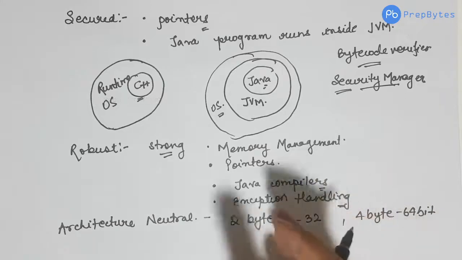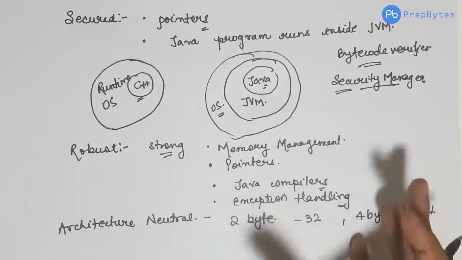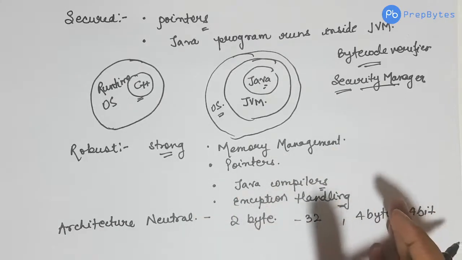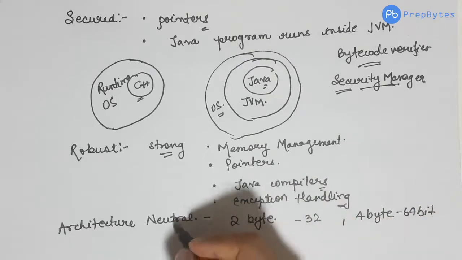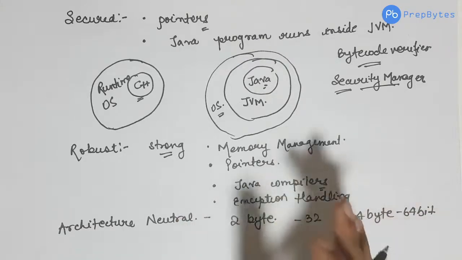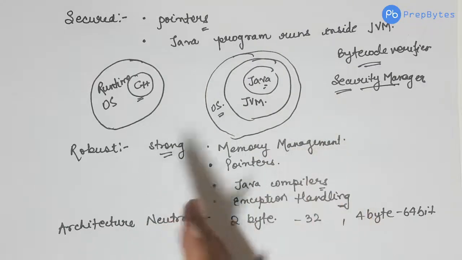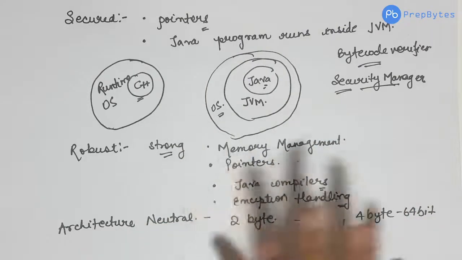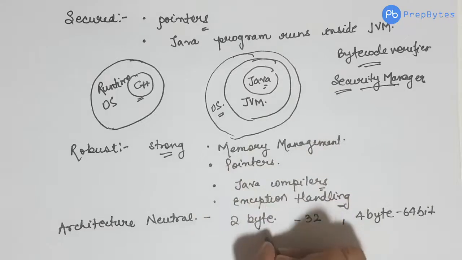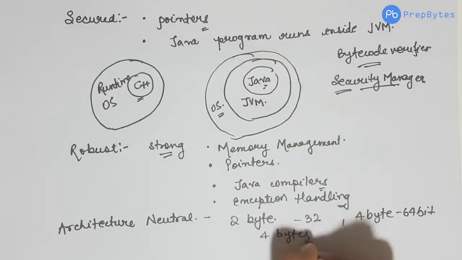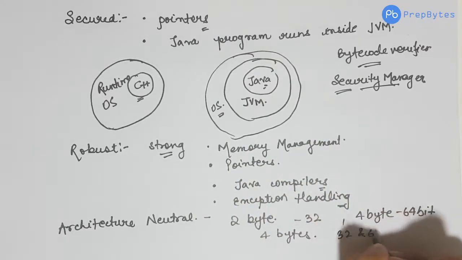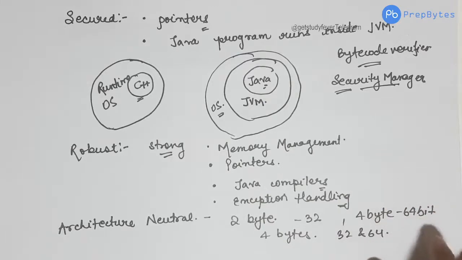So the size of a particular data type depends upon the architecture of the system. But in case of Java, the size of the data type remains the same irrespective of the architecture. So the size of an integer will be 4 bytes in both 32-bit and 64-bit operating systems.